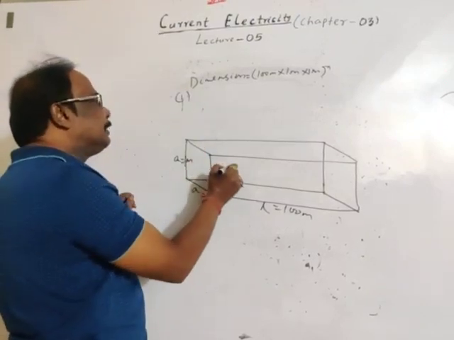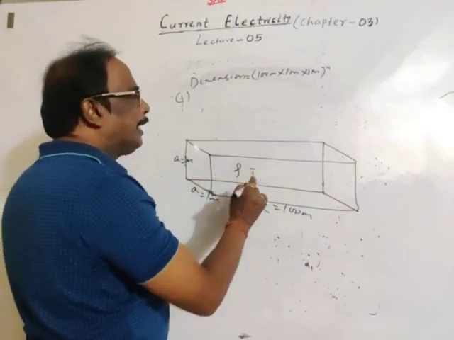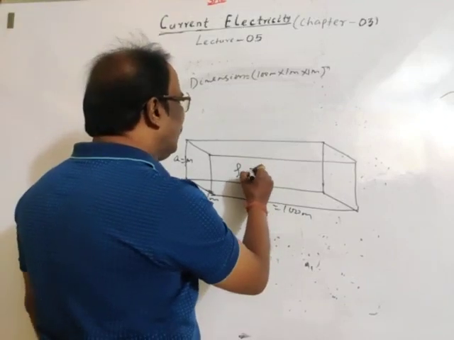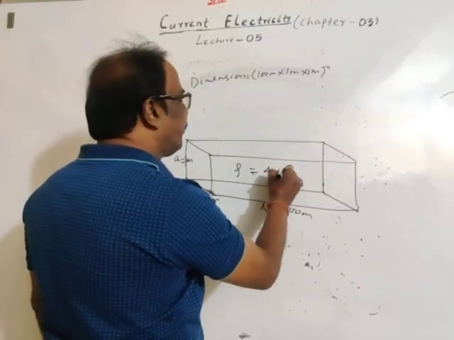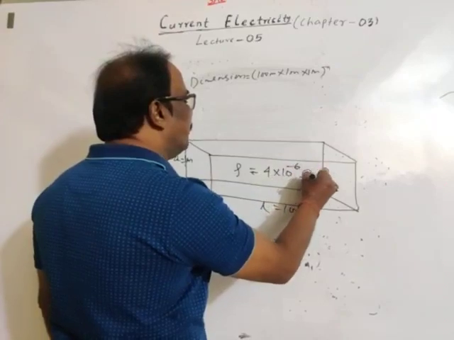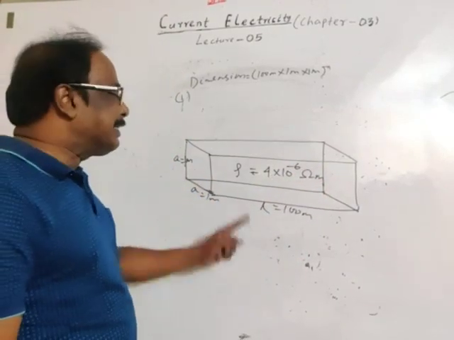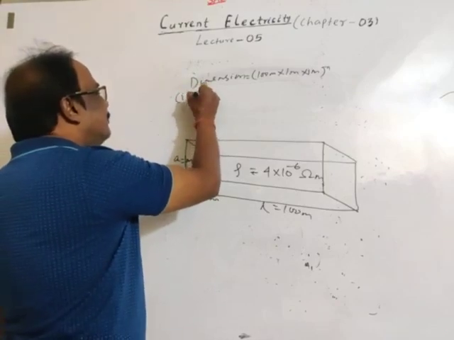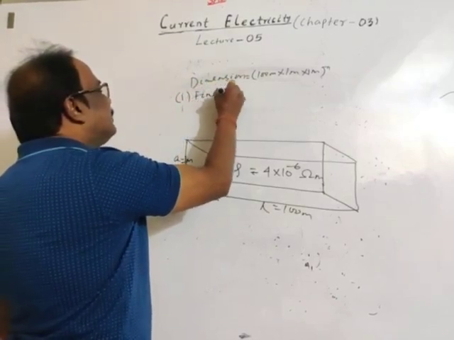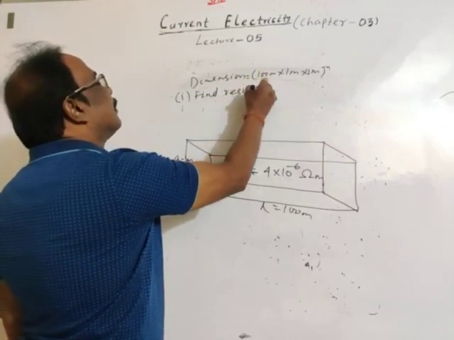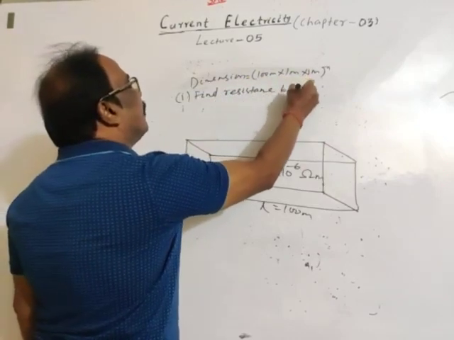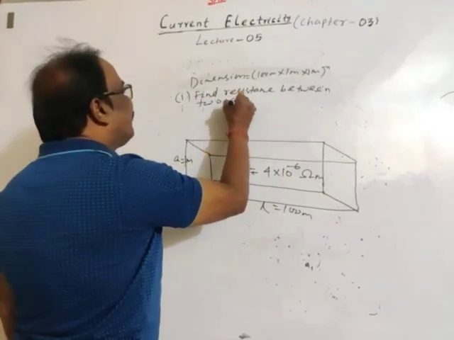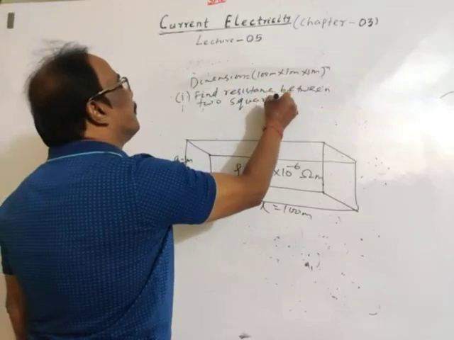First bit, resistivity. Let the resistivity be rho, given as 4 into 10 to the power minus 6 ohm meter. Then first it is asked to find the resistance between two square faces.